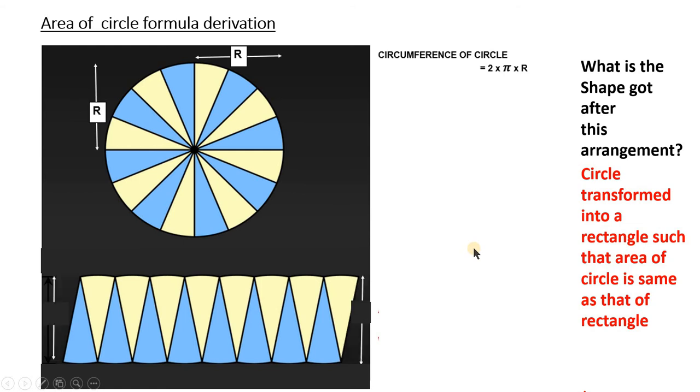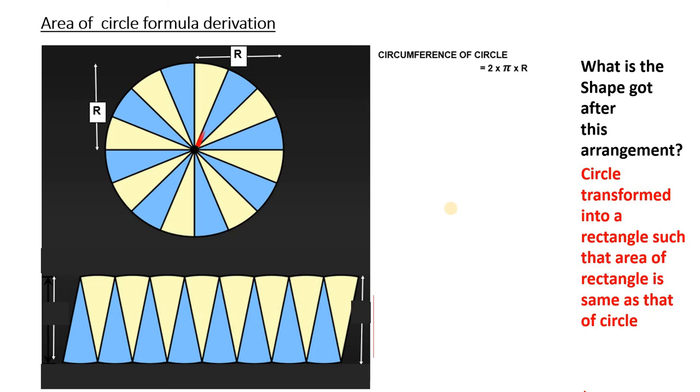So now the question is, what is the breadth of this rectangle? What is the breadth of the rectangle formed by the new arrangement of sectors of the circle? All the sectors are there, the area is equal. What is the breadth? You will have to express the breadth of the rectangle in terms of the dimension of the circle.